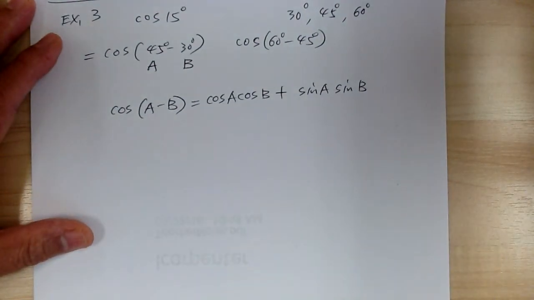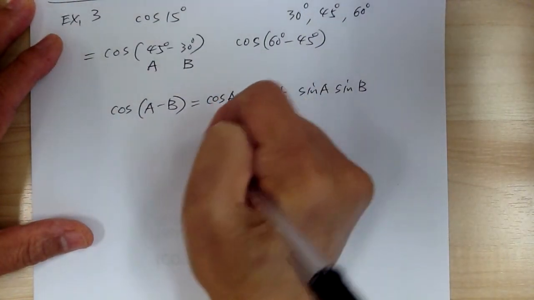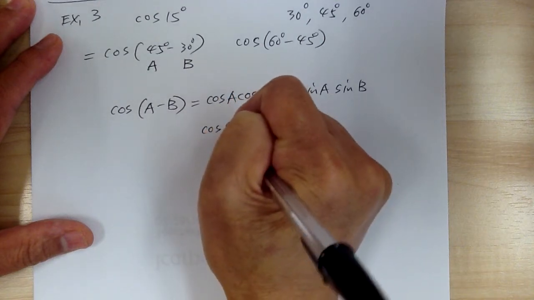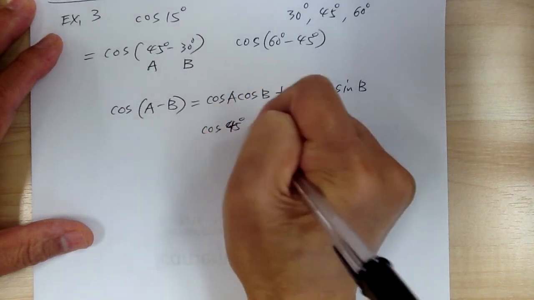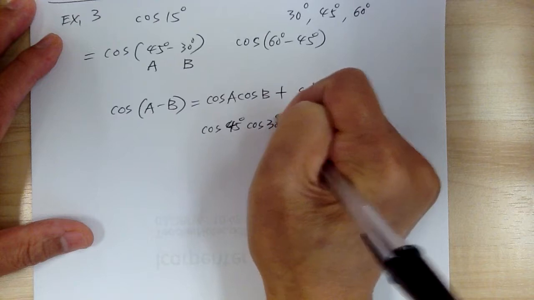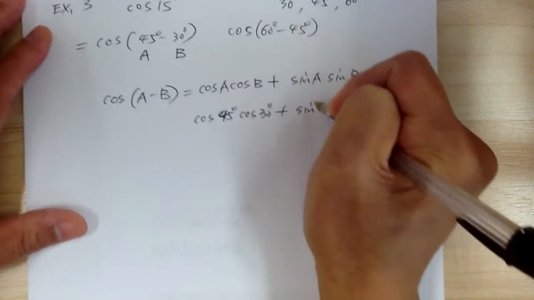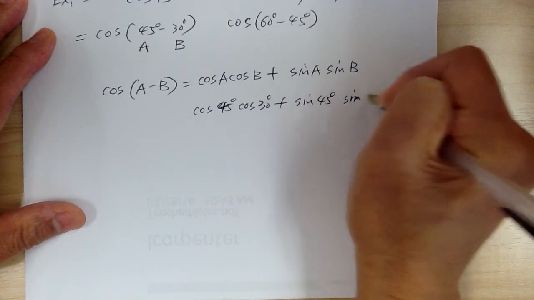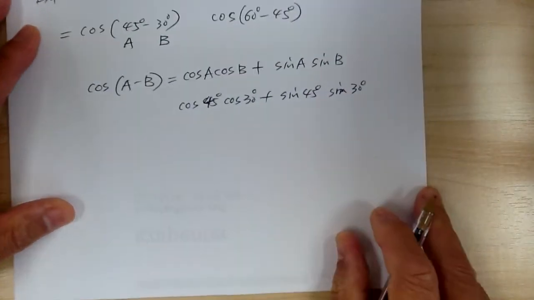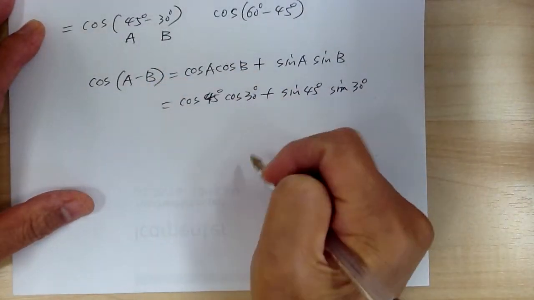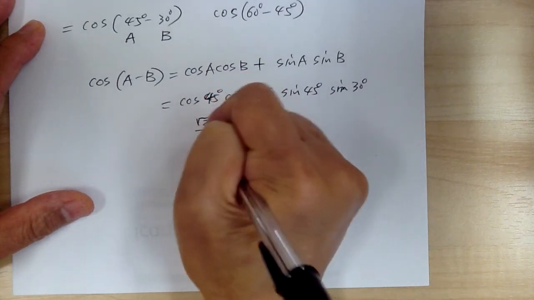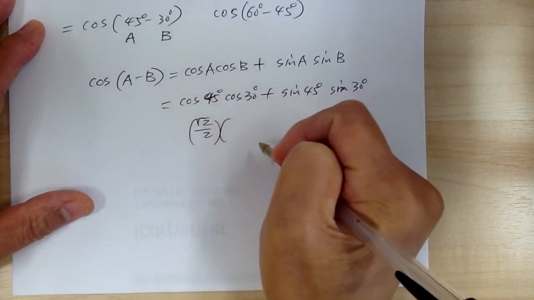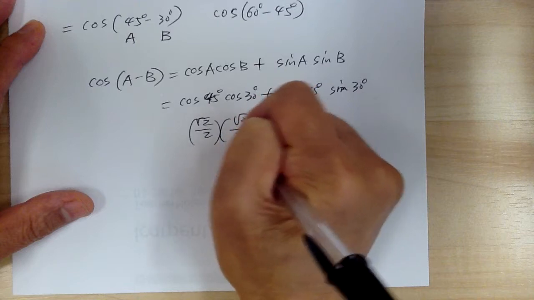Right? So you get cosine of 45 degrees, cosine of 30 degrees plus sine of 45 degrees, sine of 30 degrees. Okay? So this is equal to square root of 2 over 2. Cosine of 30 is square root of 3 over 2.